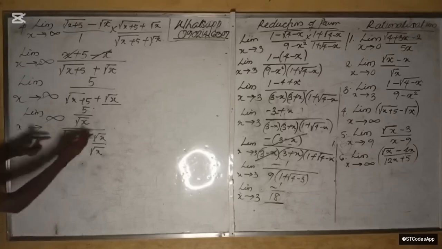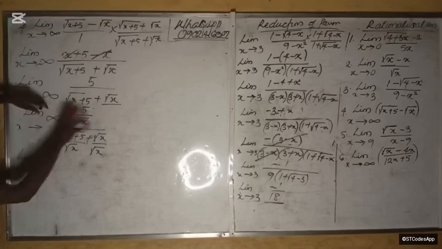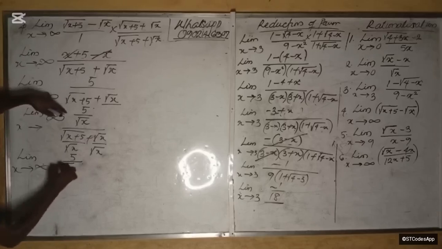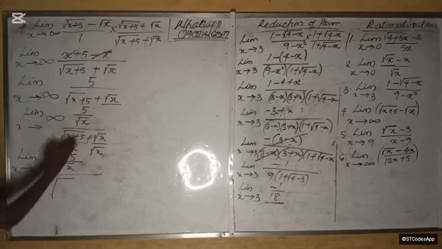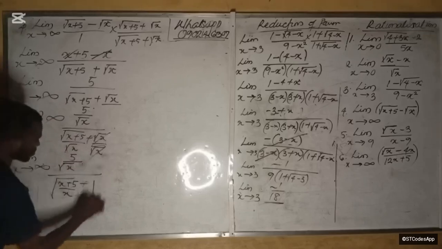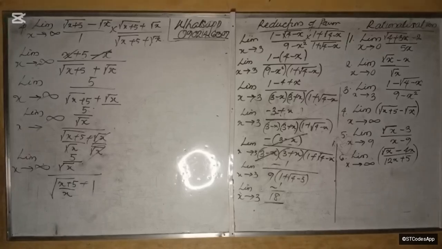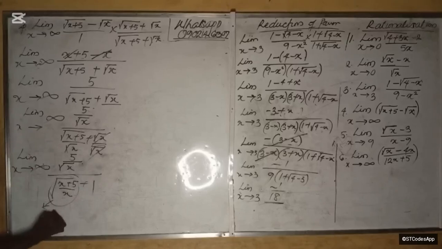Then the limit as x approaches infinity becomes 5 over root x, all over the square root of x plus 5 over x, then plus 1. So this expression becomes root x over x plus 5 over x. This takes care of this.